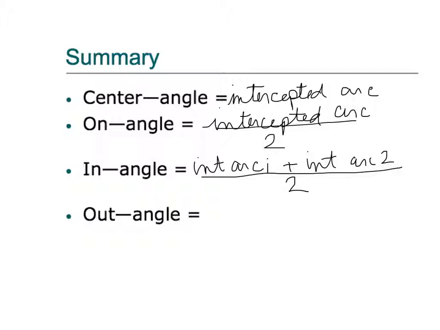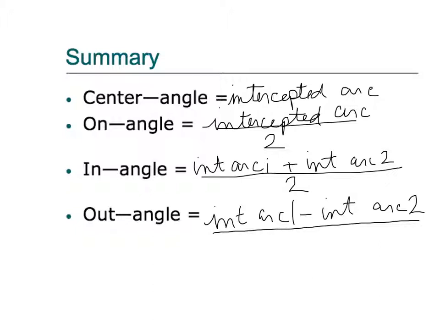If I identify the angle's vertex as being somewhere outside of that circle, I'm going to identify the intercepted arcs. I'm going to subtract them. This is intercepted arc 1 and intercepted arc 2. Always the first one, intercepted arc 1, has to be the larger measurement. Subtract the smaller arc from it, and I divide it by 2.